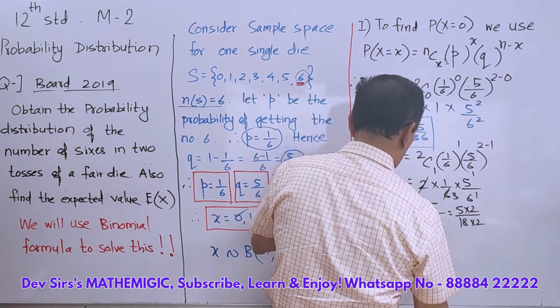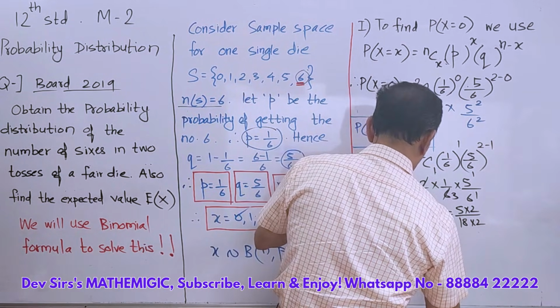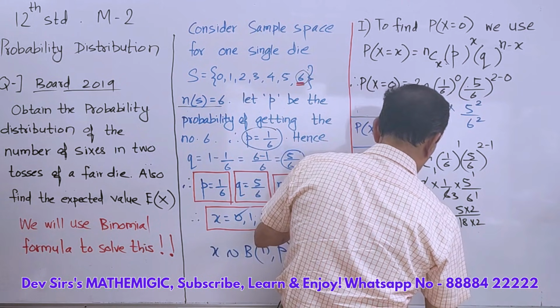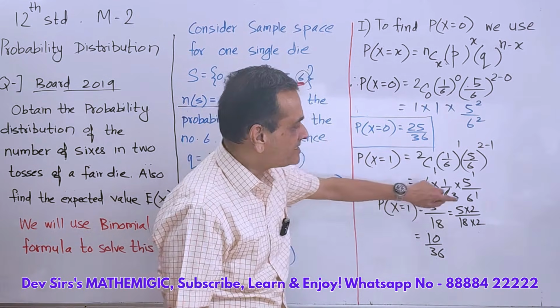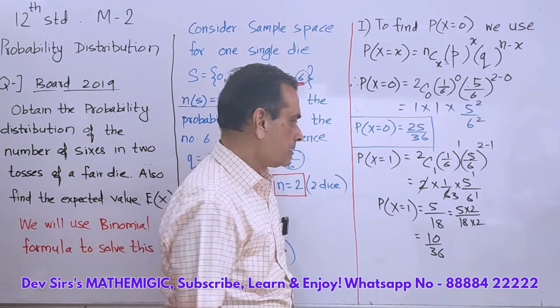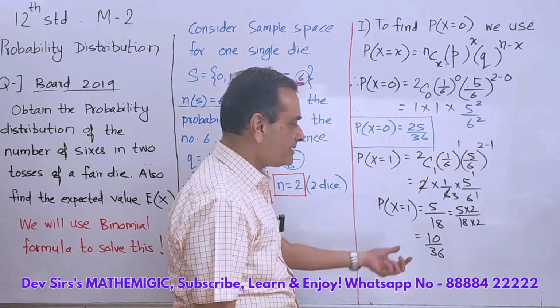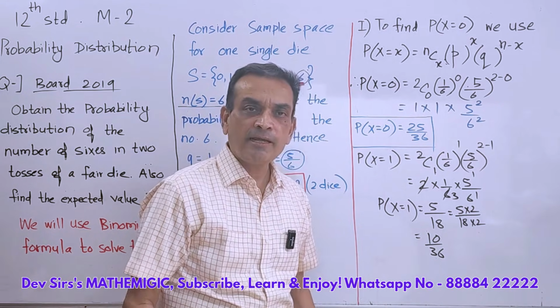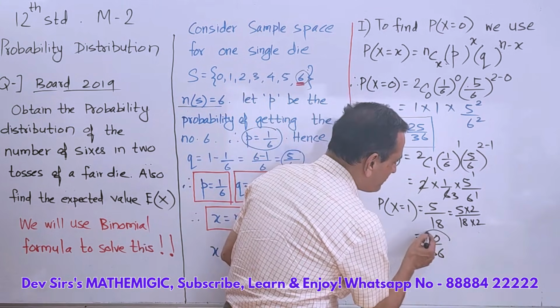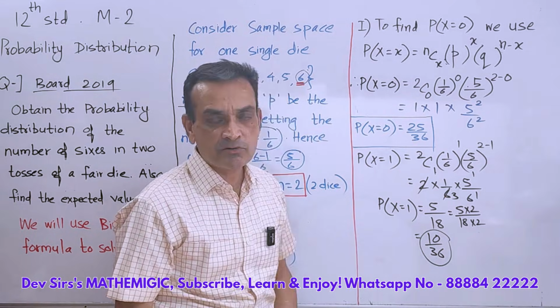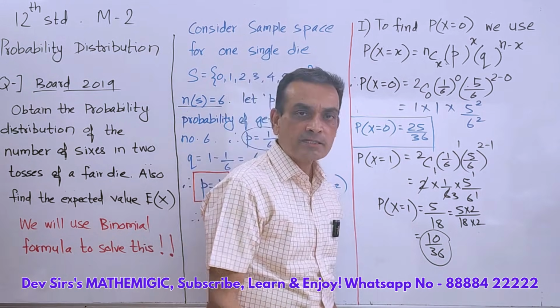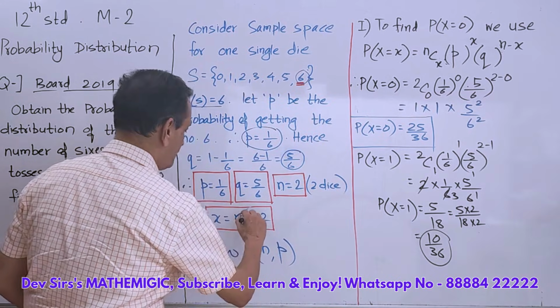Ten by 36. यानी सिंपल चीज, don't cancel. More correct answer mathematically is 5 by 18, but in the table you are expected to write this for simpler calculations. Both the answers will be given correct. So P of x equal to 1 is over.